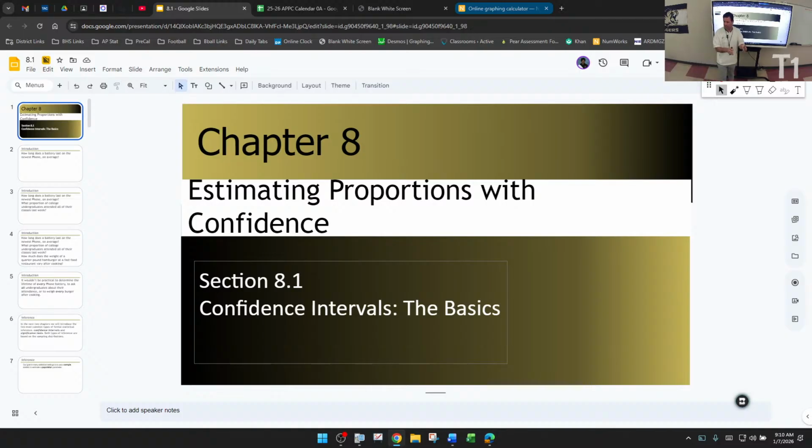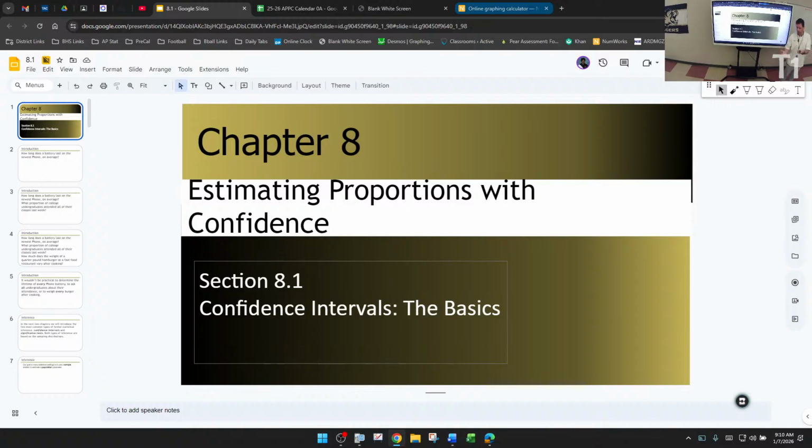Chapter 9 is going to start talking about hypotheses testing or significance tests, whatever you might want to call it, but confidence intervals here and then significance tests. And so it has 3 sections. 9.1 is going to introduce you to them, talk about what they are and what we use them for.